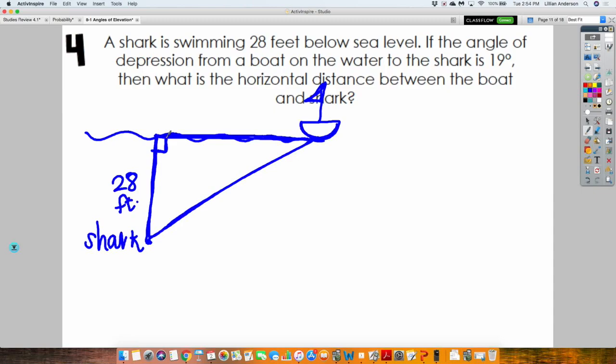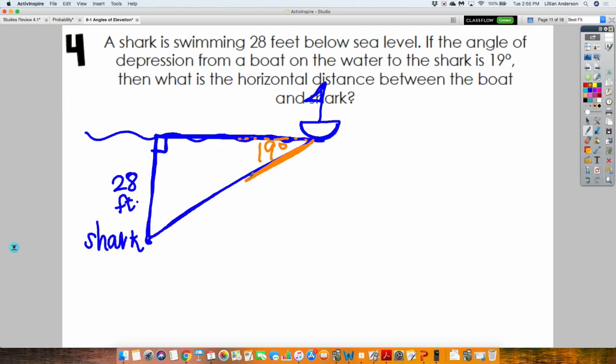Does everybody see it? I just drew it over there. Where's the 19? Does the 19 go where the shark is, or where the boat is? It goes where the boat is. Is it on the inside of the triangle, or is it technically on the outside with some vertical line going down? Inside. Remember, horizontal line, line of sight, looking down.